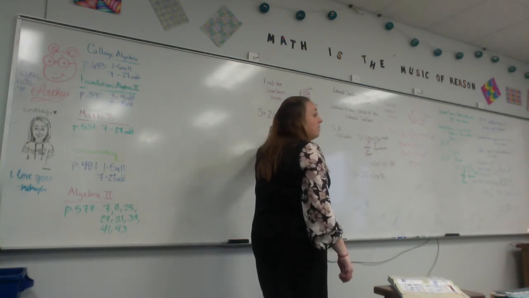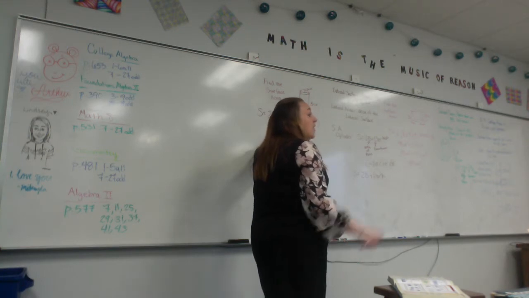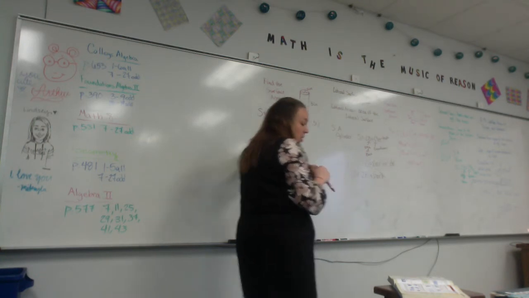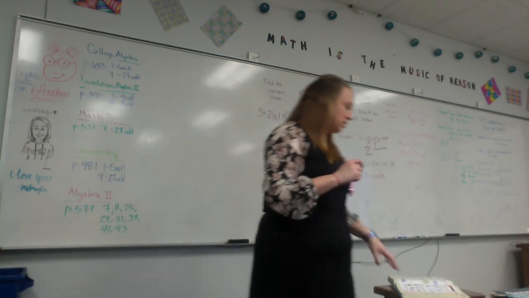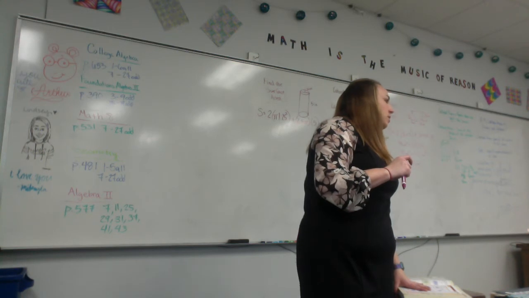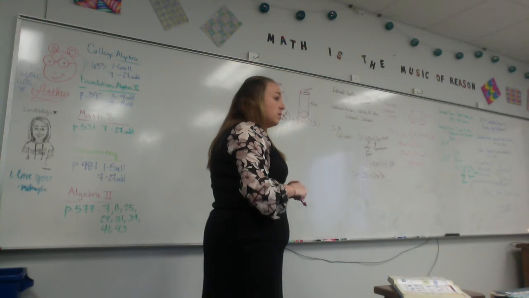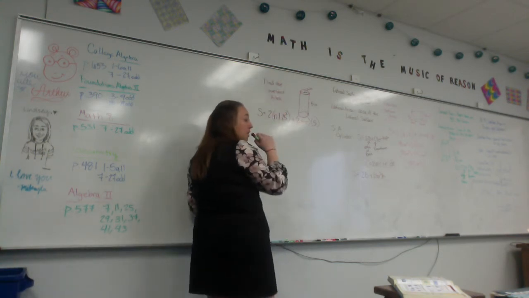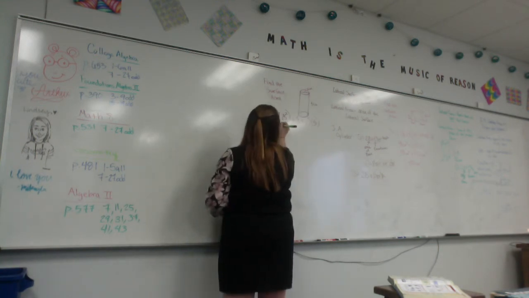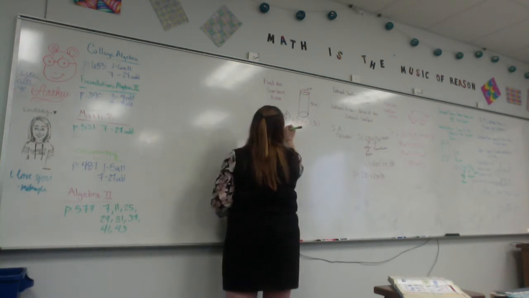Do 1.25 squared, and then multiply that by pi, and then multiply that by 2 and tell me what you get. 9.8174. Okay, so 9.82 is where we're going to round to.